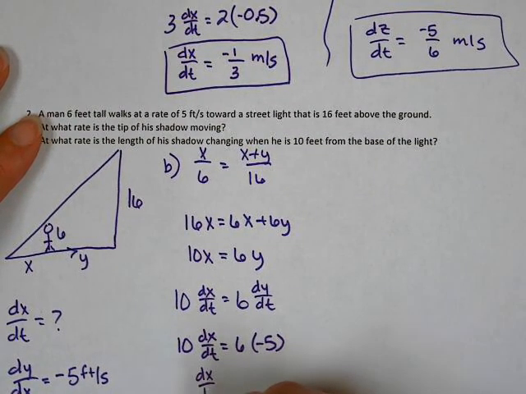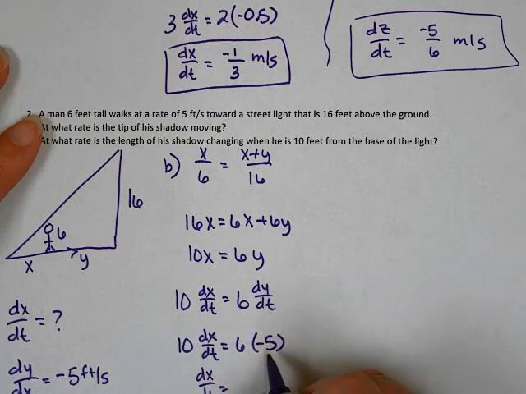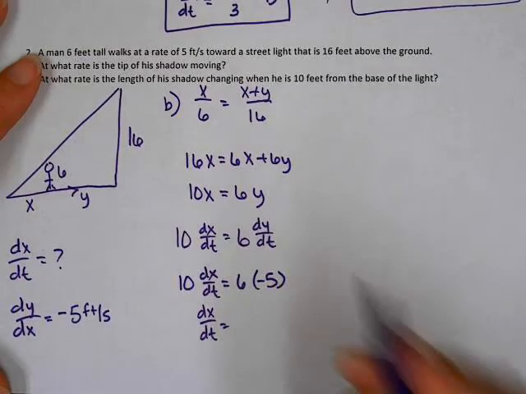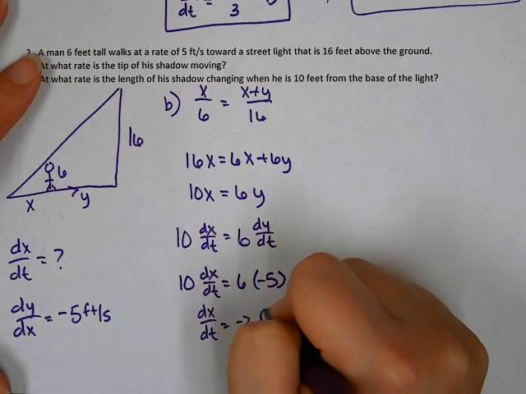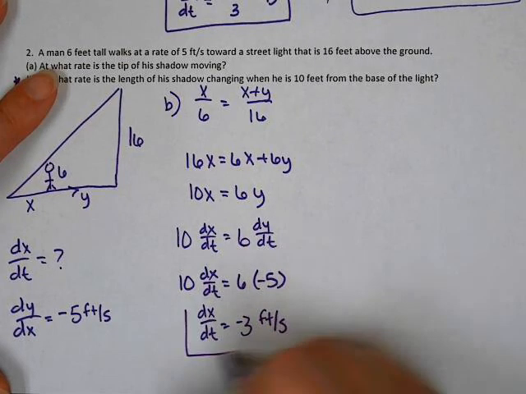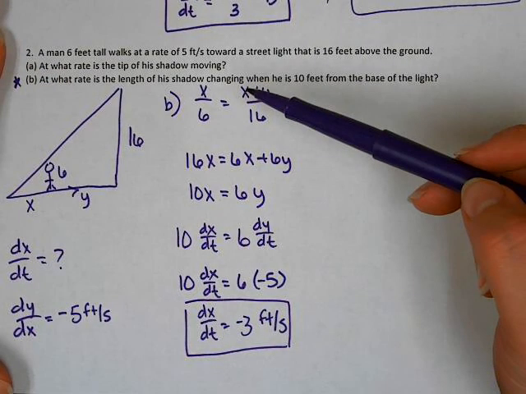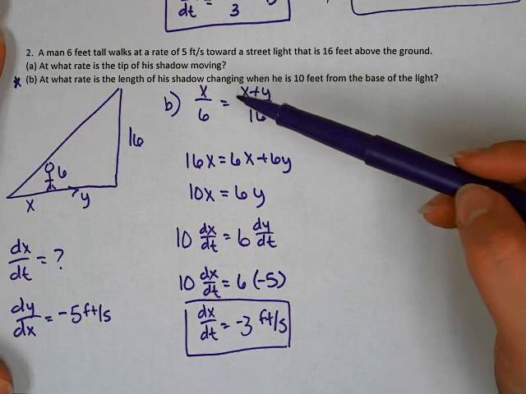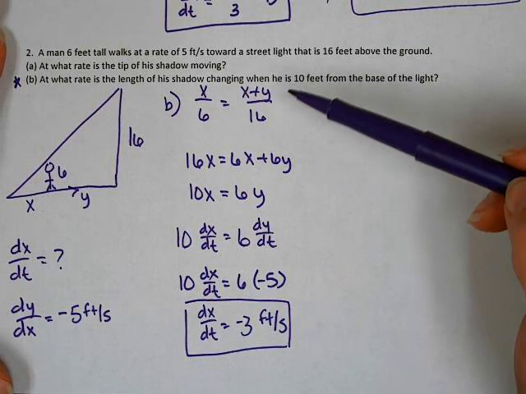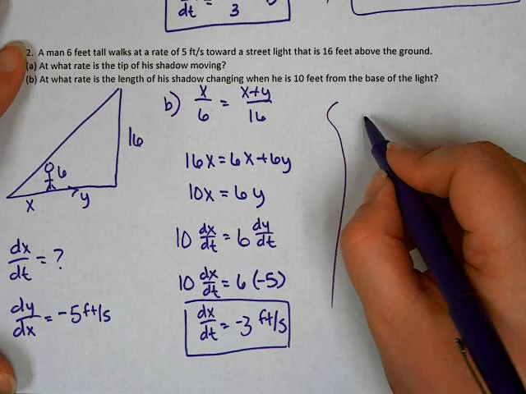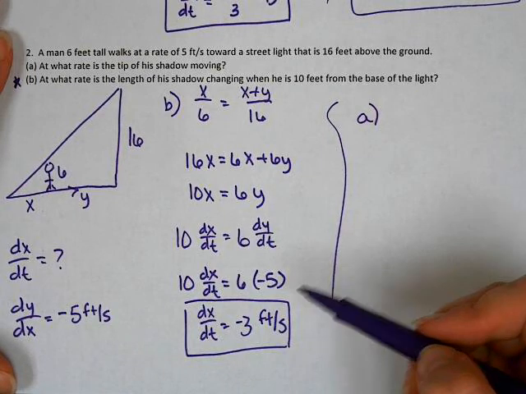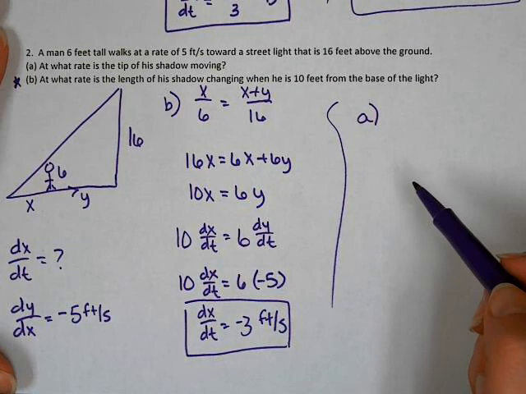So that's negative 30, and then divided by 10 gives me negative 3 feet per second. Remember that we did part B first, so that's the rate at which the length of his shadow is changing. The reason we did part B first is because that helps us get part A.